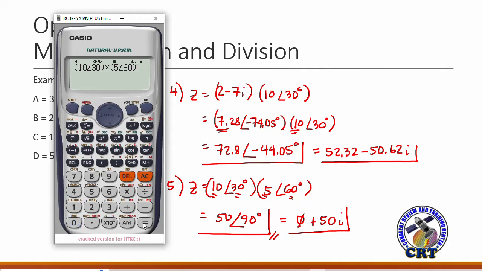Then press equal sign. So this will give us 50i, just like our answer with the conventional method. And convert this to polar form, shift 2, 3. Then press equal sign. So this is 50, angle of 90.